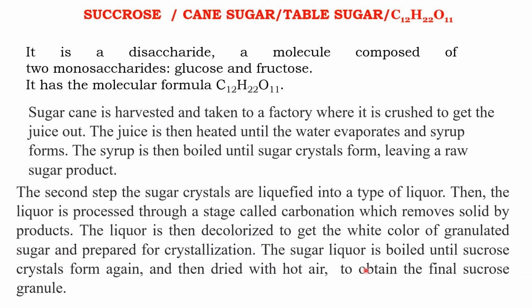This is boiled so that sucrose crystals form again, and then dried with hot air to obtain the final cane sugar. So in industry, these are the processes we do to obtain our table sugar or cane sugar from sugar cane plants.